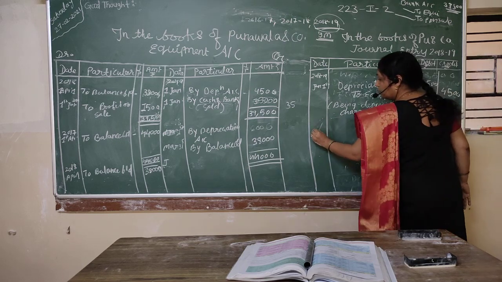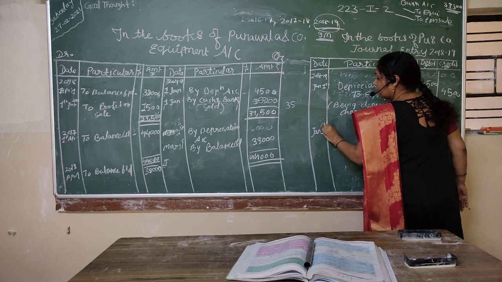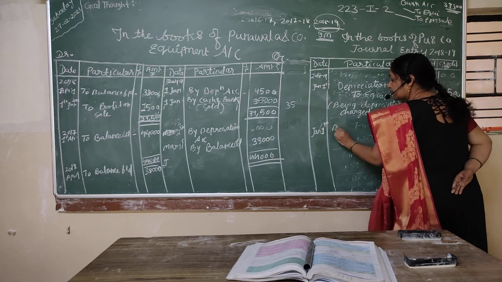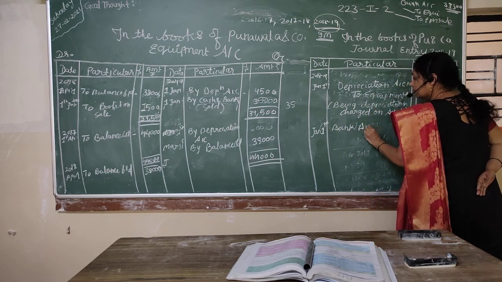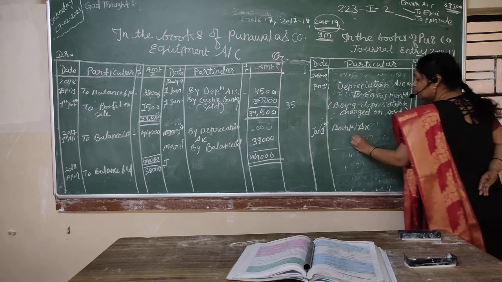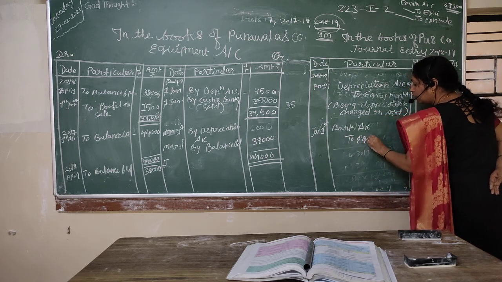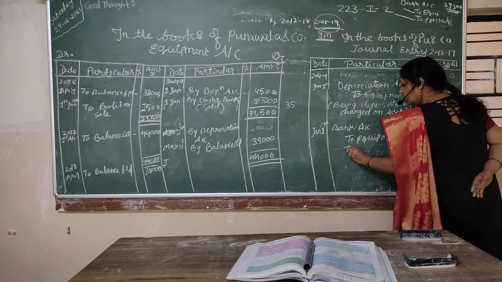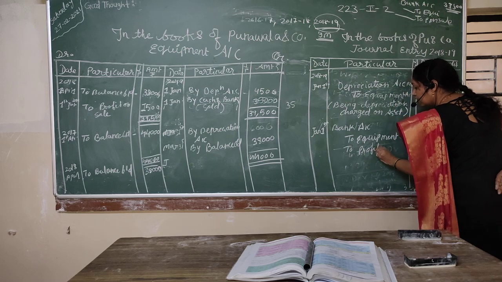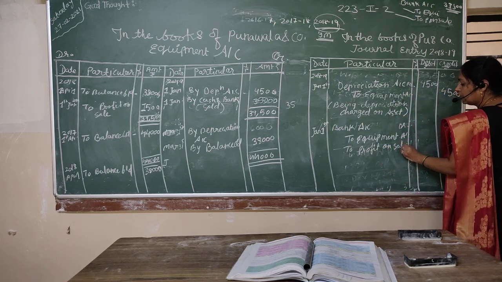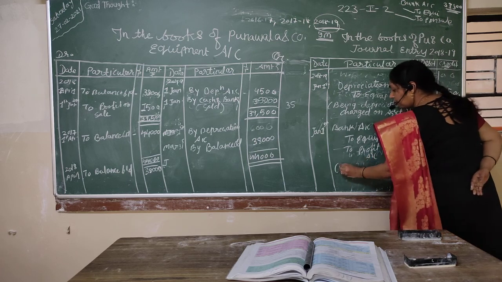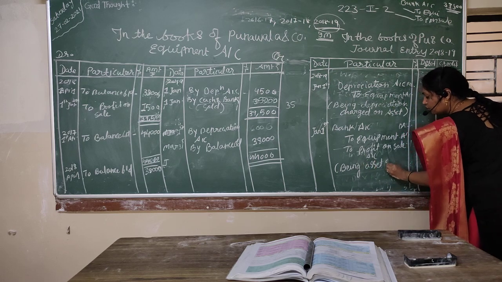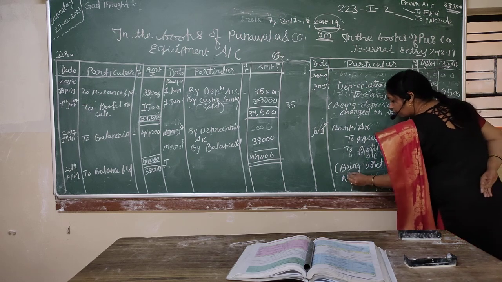After that, on Jan 1st, we will record the sale entry. So the sale entry is bank account or cash bank account debit to equipment account, to profit on sale account, being asset sold with profit.